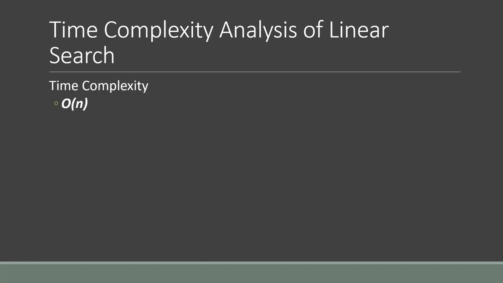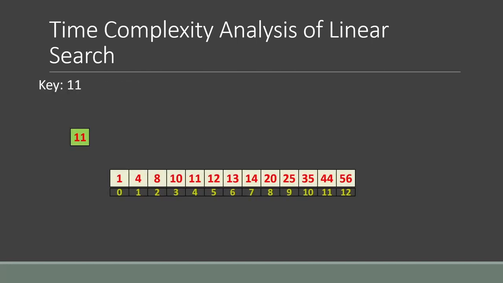The time complexity of linear search is always order of n. Why order of n? Because if in the given array I want to search for the value 11, since 11 is found at the fourth location, that means from 0 to 4 I have to make a total of 5 comparisons, and only then will I get the value 11.